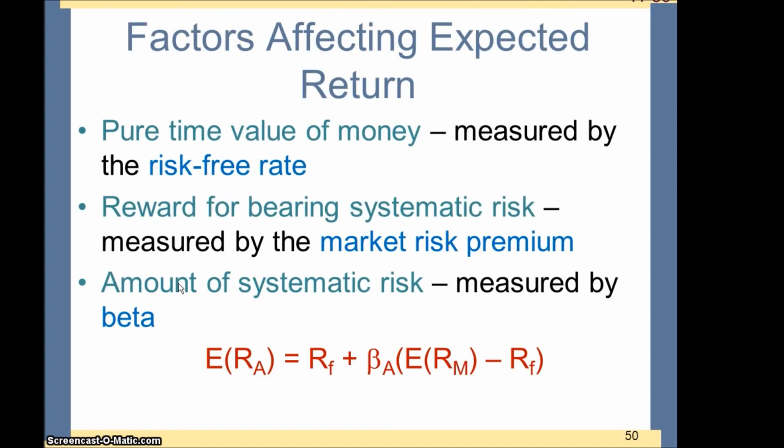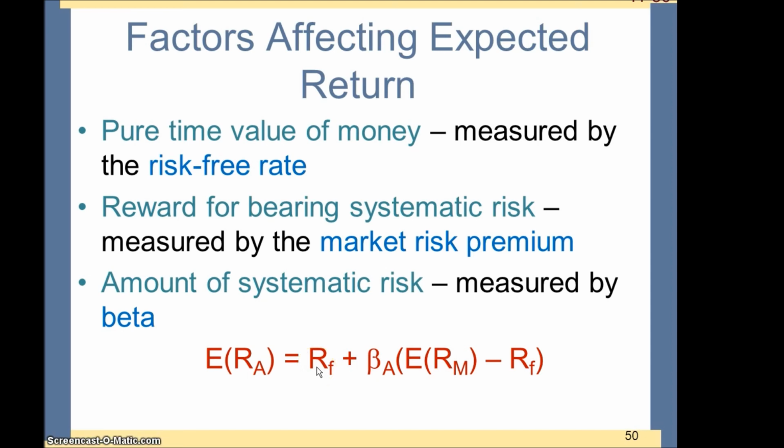Okay, let's take a look. As I said, this is the CAPM model, which is used to calculate the expected return of stock A. We use the risk-free rate plus beta times expected market return minus risk-free rate. So what is the risk-free rate? The risk-free rate means the return that you can obtain from a riskless asset. What is a risk-free security?